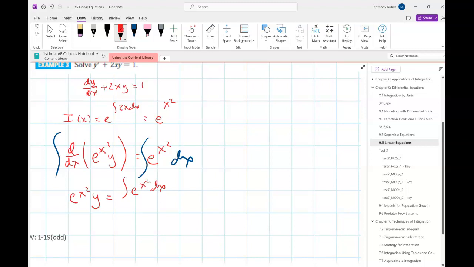And then we'll divide the e to the x squared over. So we'll just call this final answer.